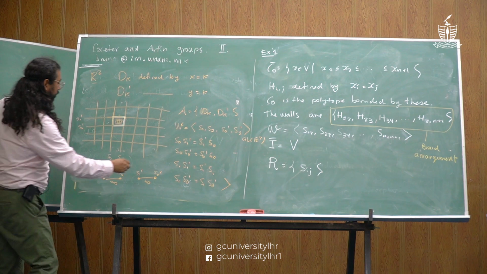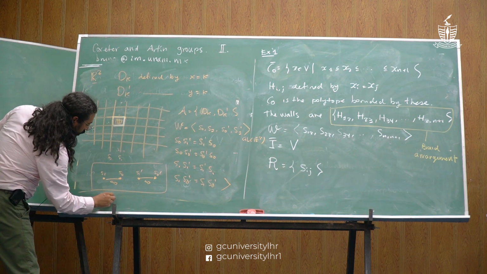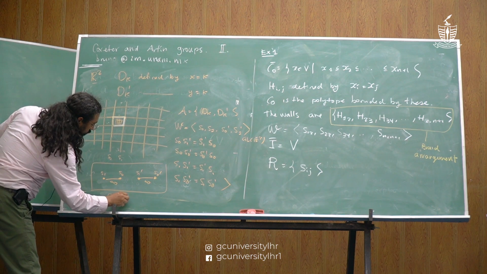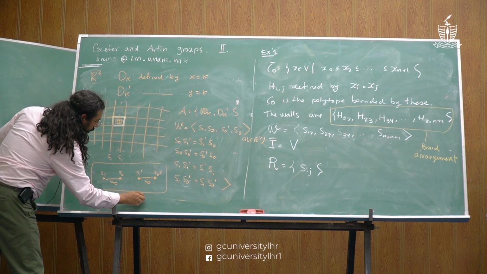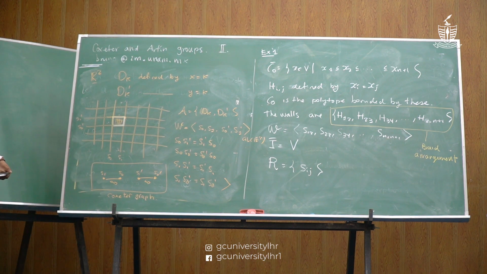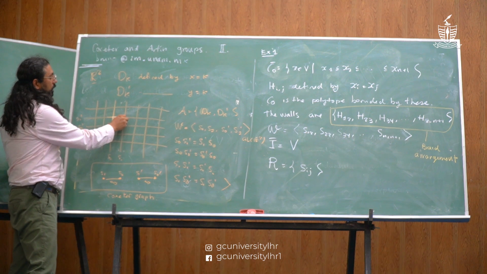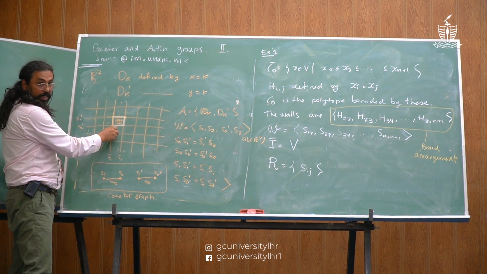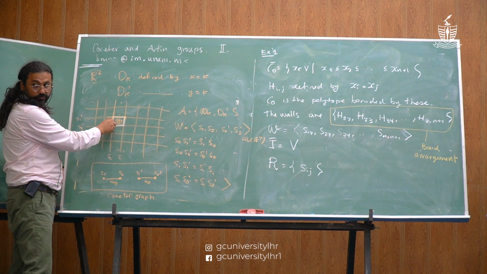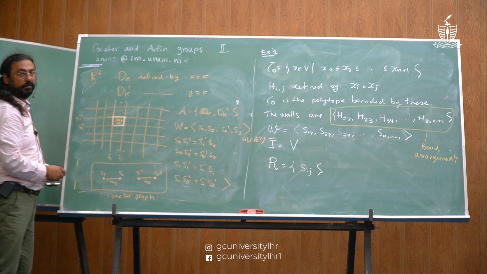And this is the Coxeter graph. Okay? As you can see, all the relations are given among the walls of the chamber.